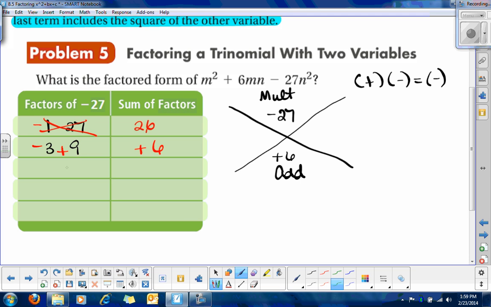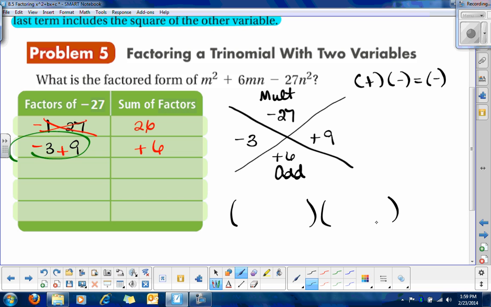So those are the factors that I'm going to use in my binomial. So we have negative 3 here and a positive 9 there. So now we can write them as a product of two binomials. Now remember, we have two variables. We have an m and we have an n.